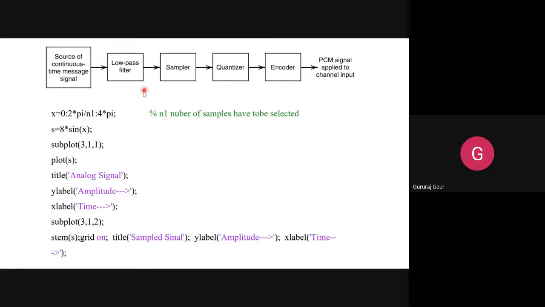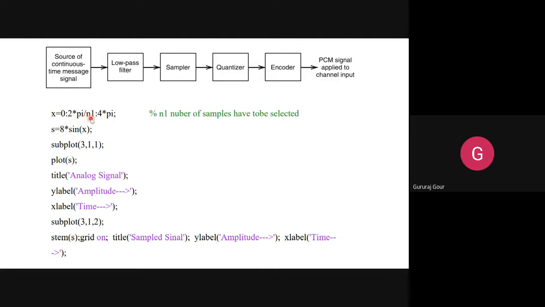Next, we are going to generate the signal here. As such, we are doing the coding here, so here our generation of the signal will start. X, the signal that we are going to generate here, is an analog signal. With this, the time period or sample spacing: we'll assume that it is going to start from 0 and go up to 4 times pi, with pi constant as 22 by 7, with a spacing of 2 pi by n1.